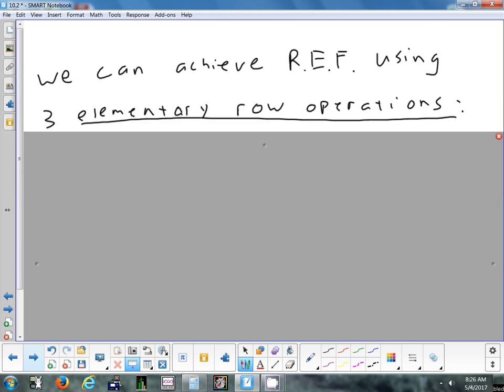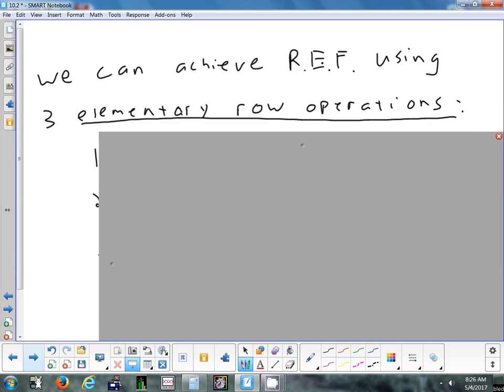And the only way you can do things to a matrix to get it in row echelon form is to use operations, okay? Basic operations that you're allowed to do. These operations do not affect the answer. Because if you did something that affected the answer, that wouldn't be good.